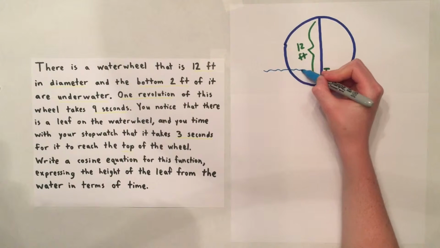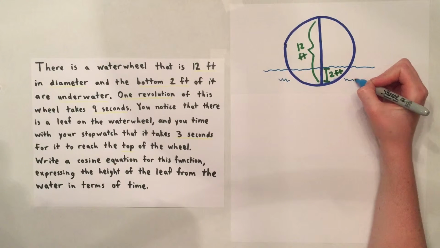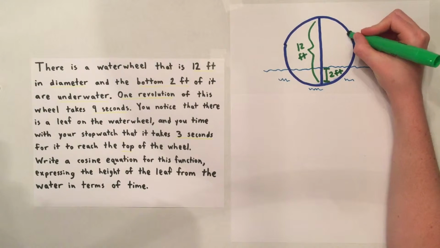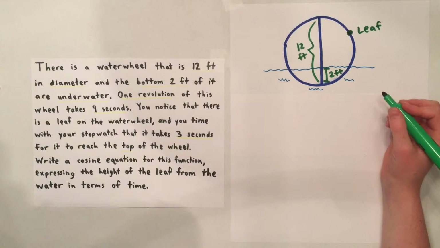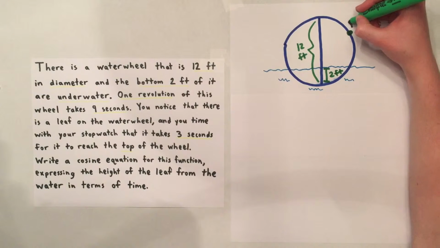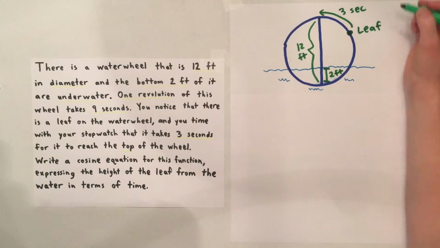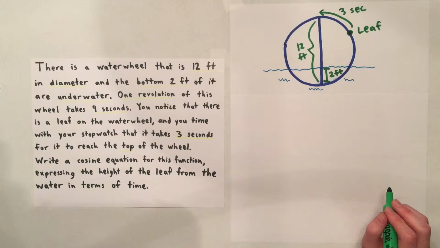I'm going to draw some water here to remind us that these 2 feet are underwater. The problem then says that there is a leaf on the water wheel, so I'll just make a point for the leaf. And it takes 3 seconds to reach the top. This drawing can help us create a graph of what the specific cosine function will look like. Let's make that graph now.